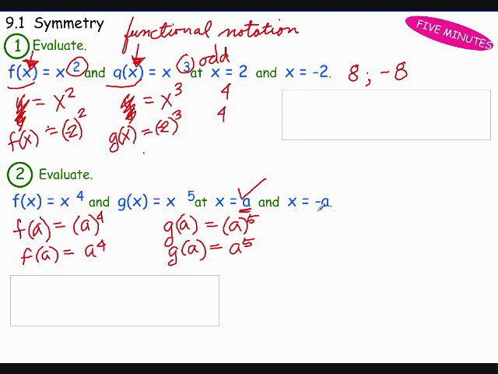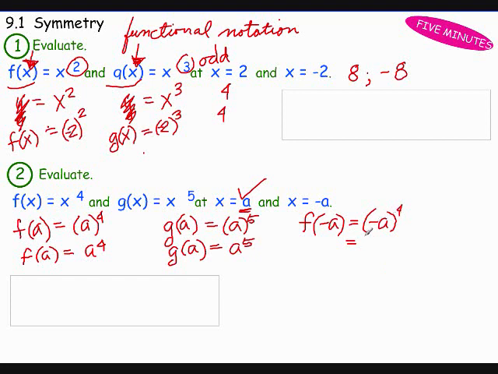All right, so we just did this one. Now we want to try it with a negative a. Function f, if I put in a negative a instead of an x, raises your input, negative a, to the power of 4. Oh, this is interesting, isn't it?